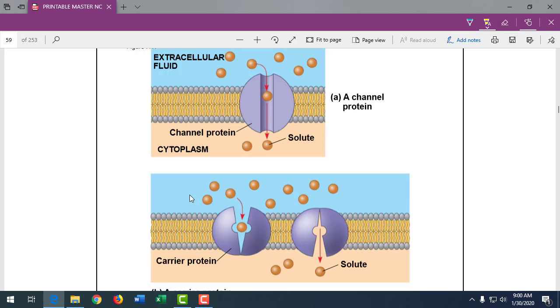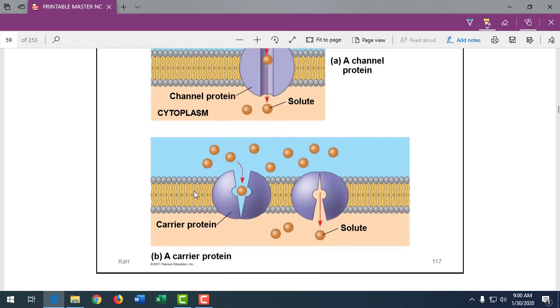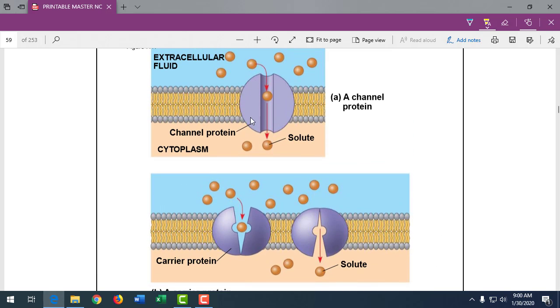It's not simple diffusion where it can just diffuse, like oxygen, carbon dioxide, alcohol, nicotine is another one that can diffuse right across. These things need a little help, so they need a protein carrier. So they're both facilitated diffusion. Both of these examples involve a protein. They both are going from high to low, so there's no energy required.